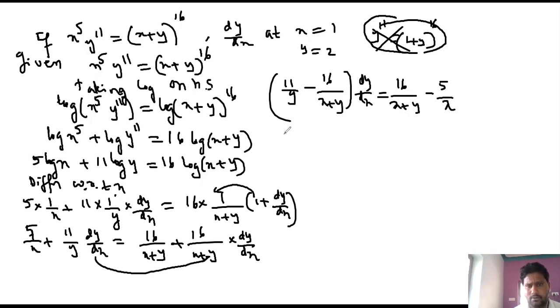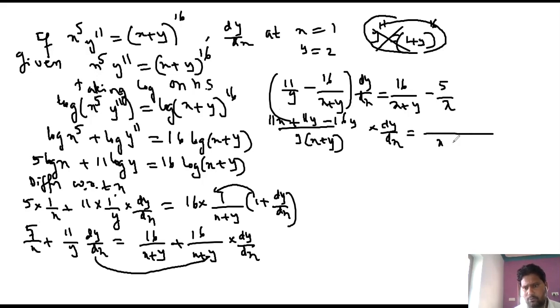What is the LCM? y into (x plus y). So this (x plus y) is multiplied to 11: 11x plus 11y minus 16y, into dy by dx, is equal to, here what is the LCM? (x plus y) into x. So this x is multiplied to 16: 16x minus 5 multiplied to (x plus y), that is 5x plus 5y.